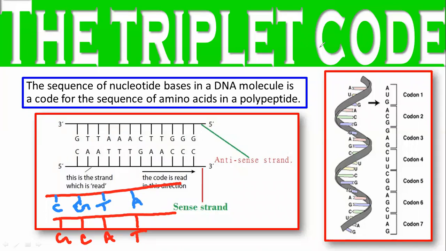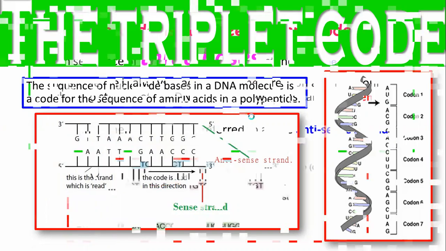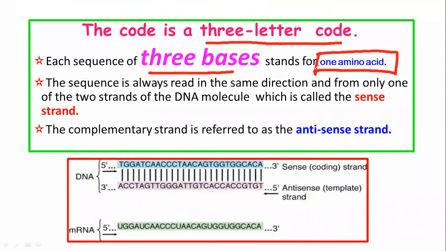So the second code I can also make, the antisense strand as well. So in conclusion, what we say about the codon is that it's a 3-letter code, 3 bases, which gives us the code for 1 amino acid.